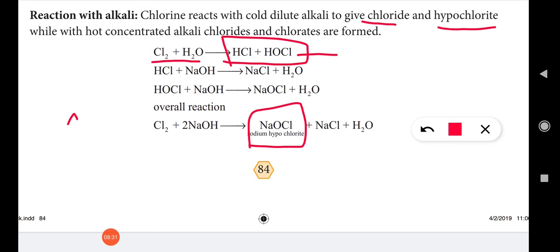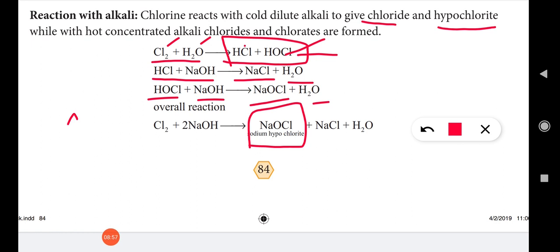So next, HCl reacts with the sodium hydroxide to form sodium chloride along with water. Then this HOCl reacts with NaOH to form NaOCl, sodium hypochlorite, and water. See, first chlorine reacts with water to form HCl and HOCl.